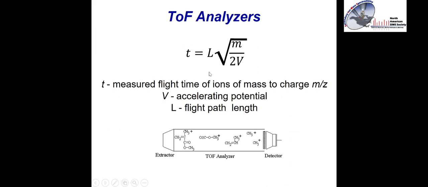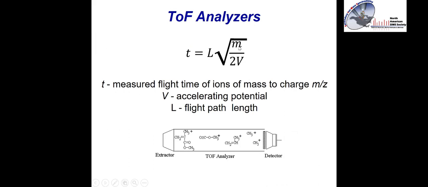Most time-of-flight SIMS systems operate using a time-of-flight detector. The concept is that the ions are extracted into the detector and set to a constant energy. Since they're all accelerated to the same energy, they separate by mass, with smaller ions traveling faster than larger ions.